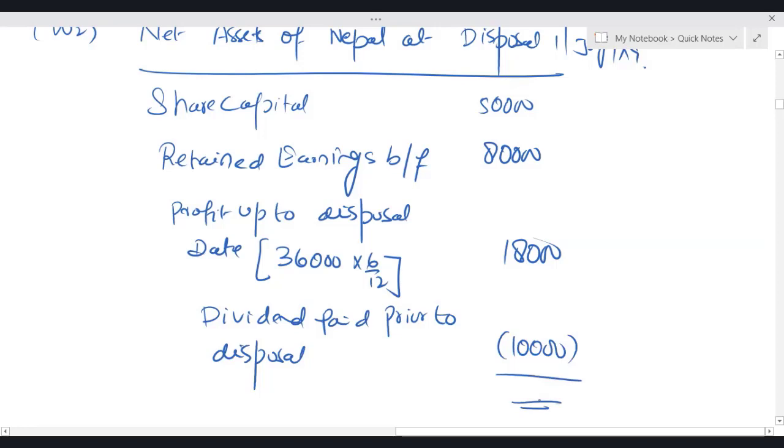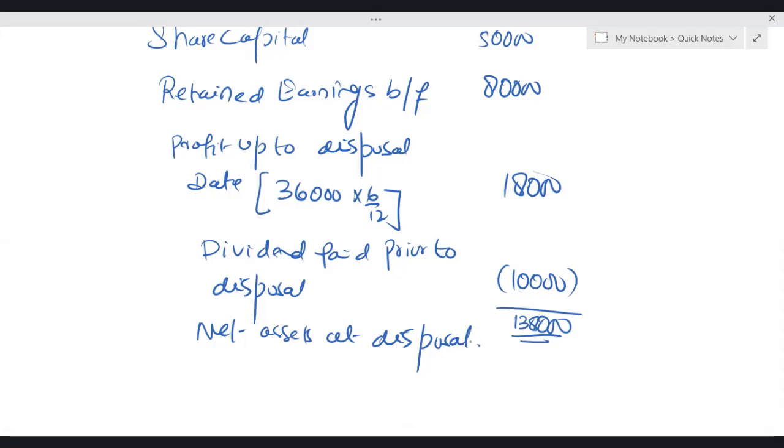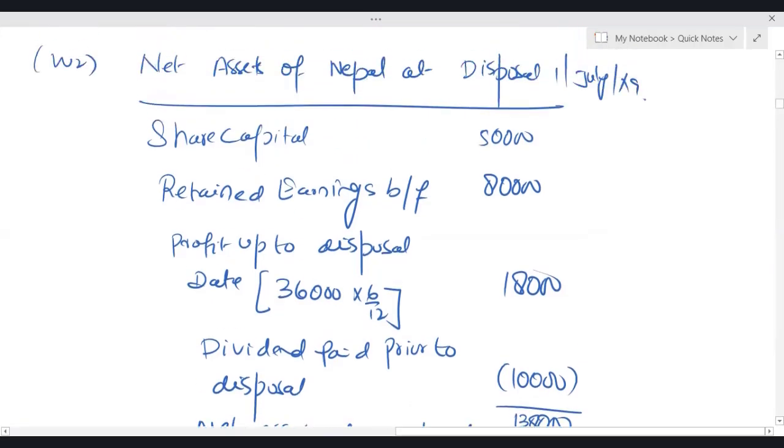So 50 plus 80, 130, plus 18, 148, minus 10, 138. So net assets at disposal is 138,000. Now let us try to calculate NCI at disposal. That is going to be working 3.